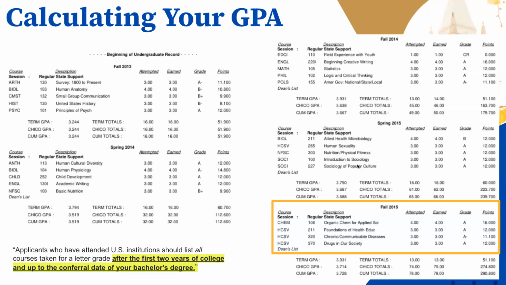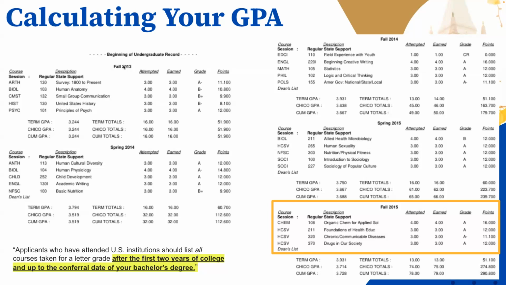Calculating your GPA. This example showcases a student that has decided to jump 2 years ahead. The beginning of their undergraduate record begins in fall of 2013. So we're following the instructions of listing the coursework taken after the first 2 years of college.